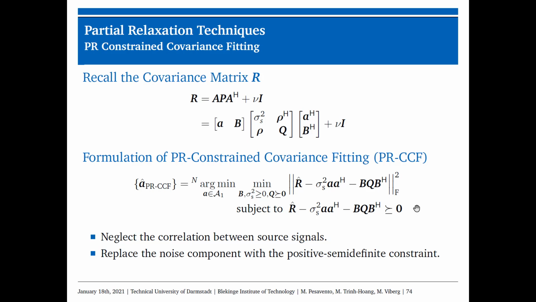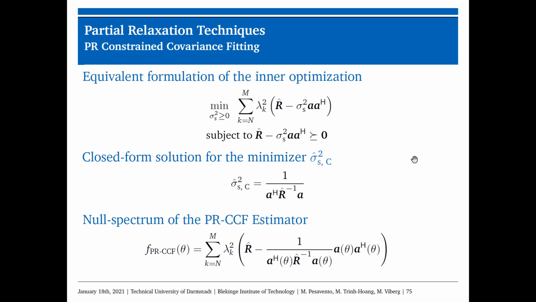When we concentrate this cost function with respect to B and Q, we recognize again the best rank approximation problem. And as a result, the null spectrum of the PRCCF estimator is the solution of this optimization problem, where we minimize the sum of the eigenvalues square of some matrix argument, depending on the candidate direction A.